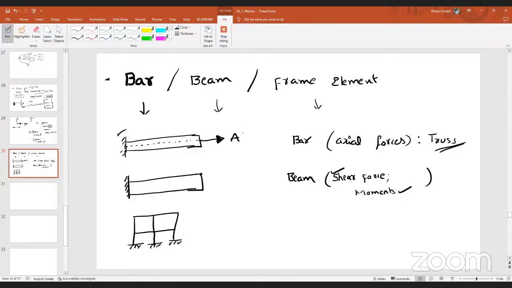If it is a beam, suppose I am talking about this surface, I will represent the shear force as V, and the moment as M. And if you are taking any element in a frame, here we will have axial forces, shear forces, and they will also be subjected to moments. Before analyzing any problem, first of all, we should have clarity on these things.